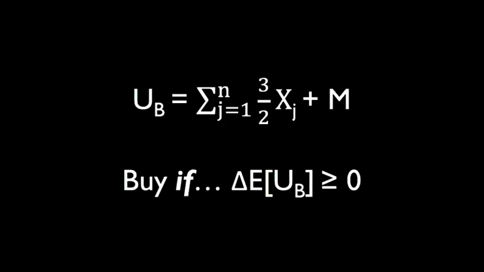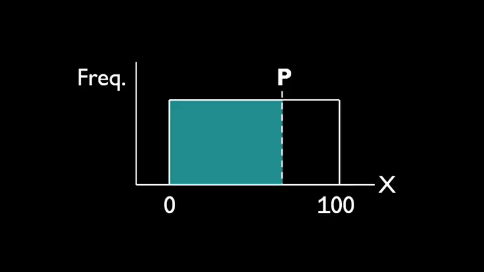Okay, so we need to plug in something for the expected quality of car N+1, and here's where we can use a simple trick. If you look at the distribution of used cars that are available for sale, well, if that distribution is uniform, then that means the buyer should expect to get a car whose quality is in the middle of the distribution of available cars.